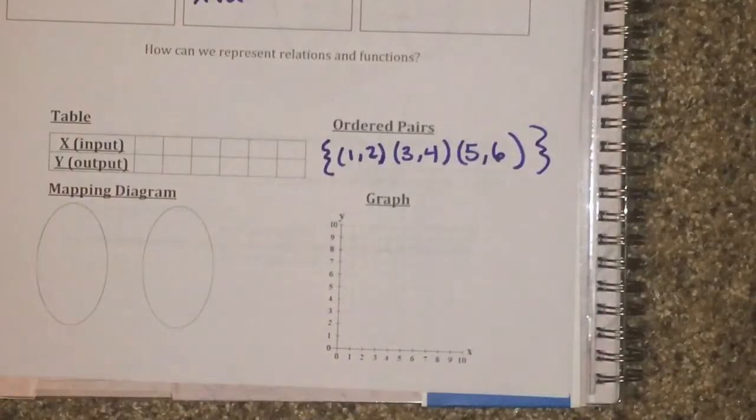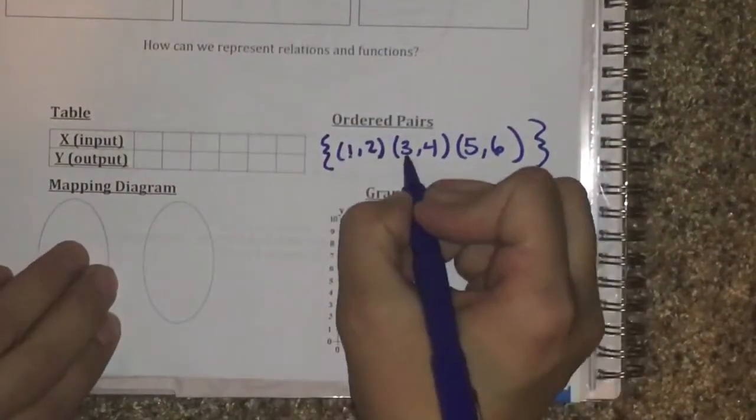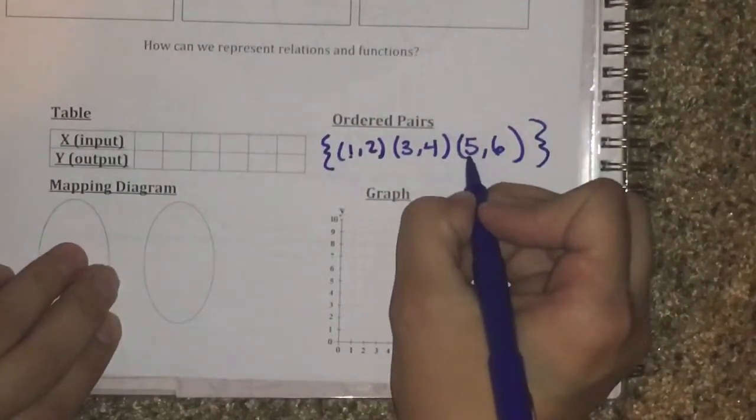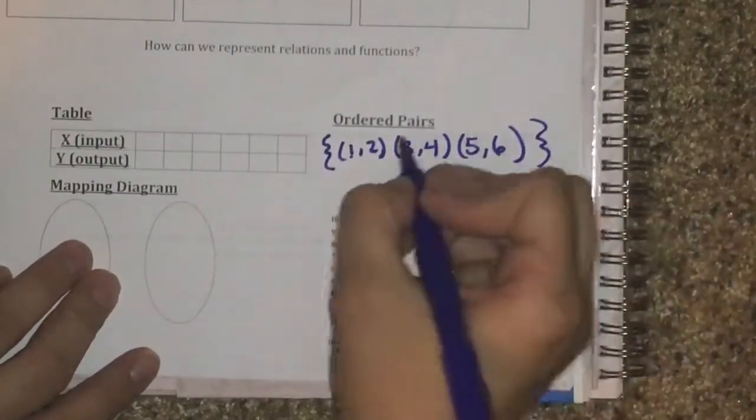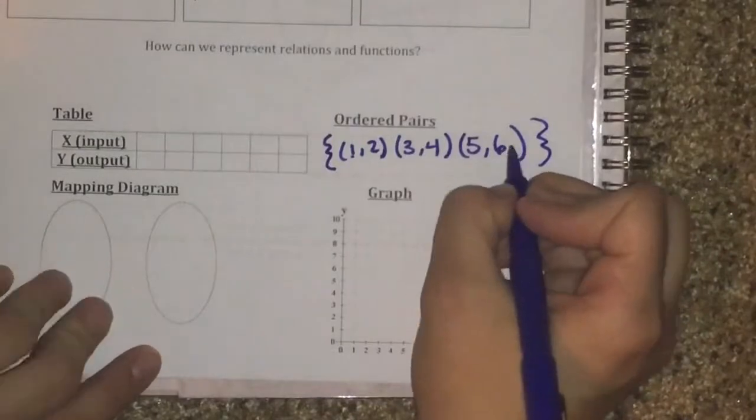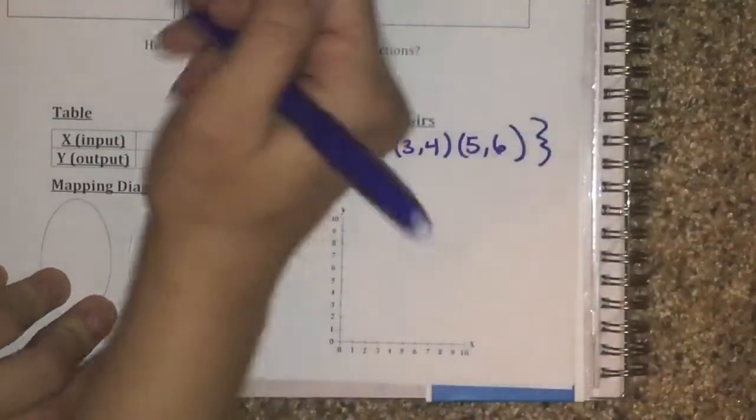My inputs are 1, 3, and 5 because those are the x values of my coordinates. My outputs are 2, 4, and 6 because those are my y values.